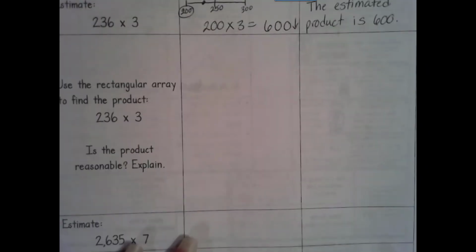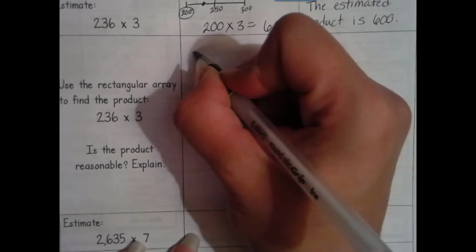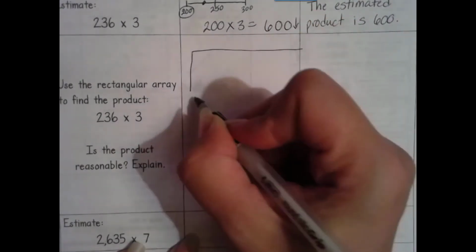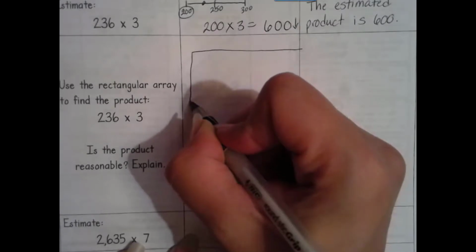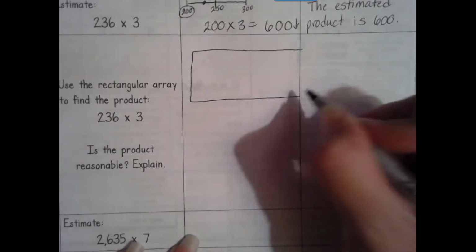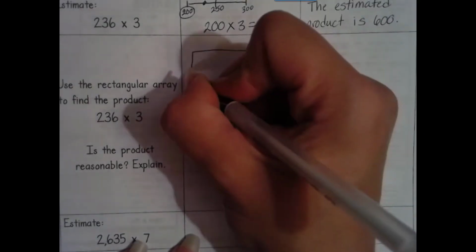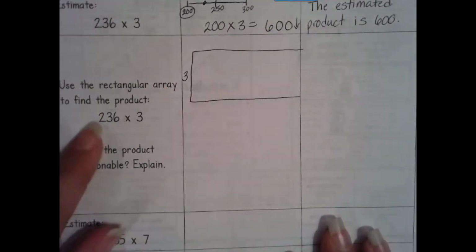Okay, now we're going to look at a rectangular array. So I'm going to draw a big rectangle here. And we need to do 3 groups of our hundreds.